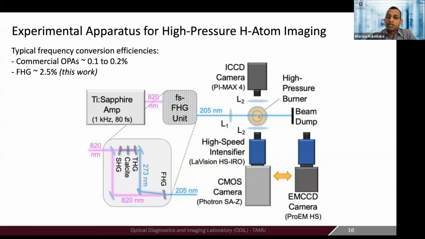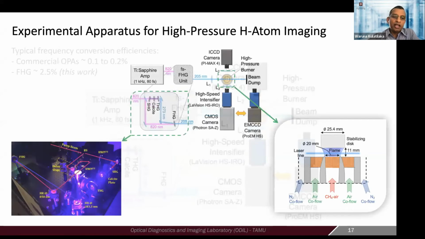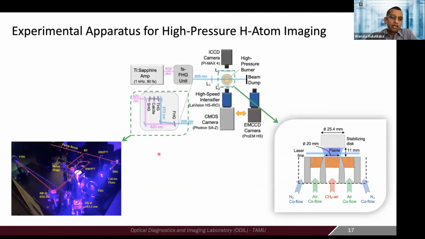You send that beam through our combustion medium, whatever flame we want to study. In this particular case, that's where our high pressure burner sits, and then you can use intensifiers and camera systems for imaging of the fluorescence signal. Here's a schematic of how this fourth harmonic generation system works.